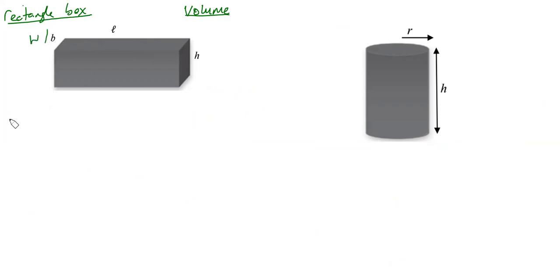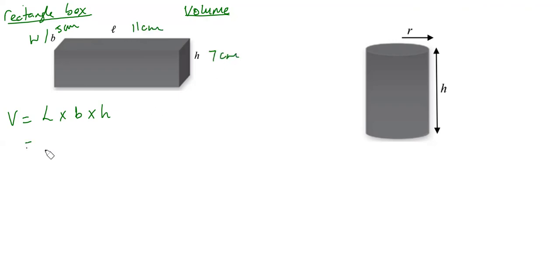So how do you get the volume in this case? Volume is going to be equal to length times breadth times height. That's how you get your volume. Let's say, for example, here your breadth is 5 centimeters, your length is 11 centimeters, and your height is 7 centimeters.